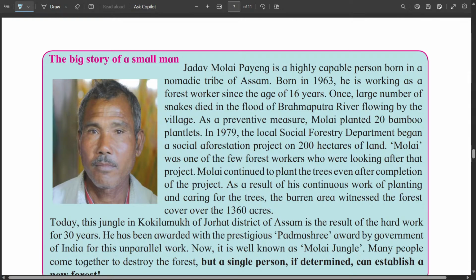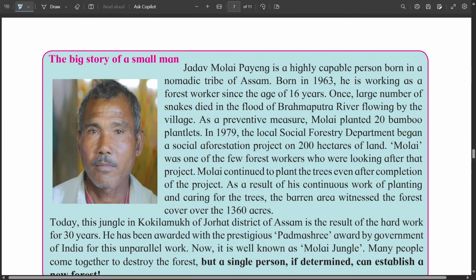As a preventive measure, Molai planted 20 bamboo plantlets. In 1979, the local social forestry department began a social afforestation project on 200 hectares of land. Molai was one of the few forest workers who were working on the project, and Molai continued to plant trees even after the completion of the project.